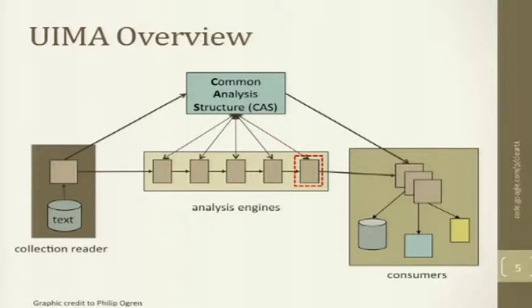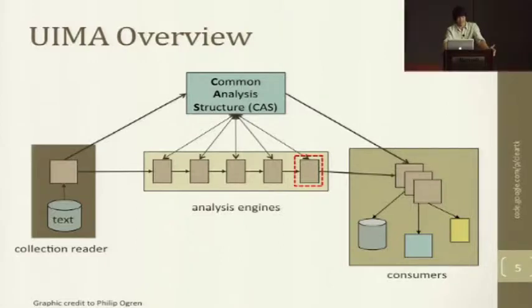So as you can see in this diagram, the components are all organized around a type system that defines the structure of annotations that can be added to each document. The type system is instantiated in a data structure called the CAS, the Common Analysis Structure. And in a typical UIMA pipeline, the CAS is initialized in the collection reader.